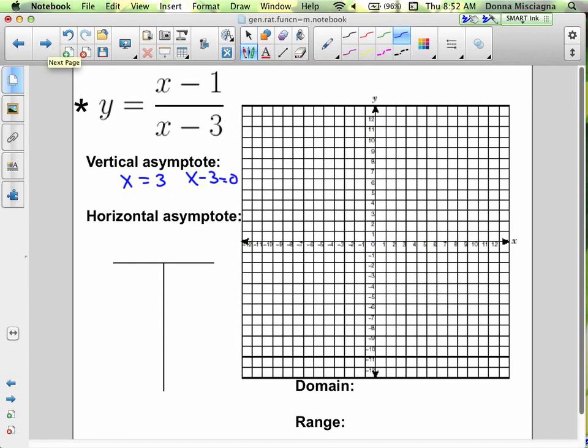Anybody at purple? 1 is correct. Right? Since we don't see a coefficient, it's technically 1. 1 over 1 is 1. So y equals 1. Oops, I'm going to graph that in red. Trying to keep the 2 asymptotes different colors. Color coding here. So we'll graph both of those.